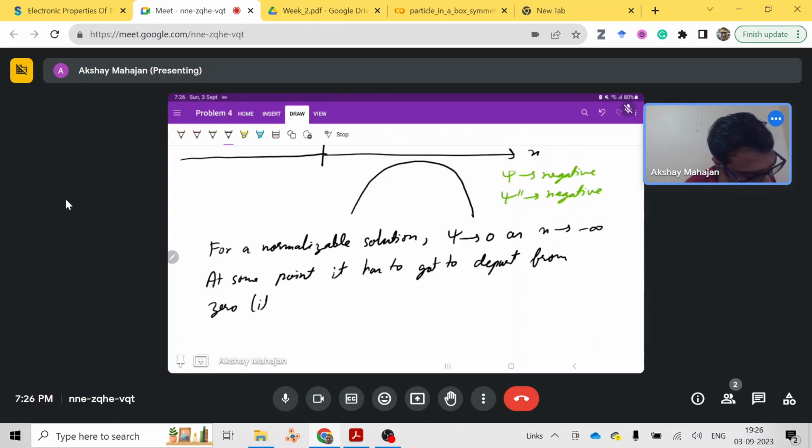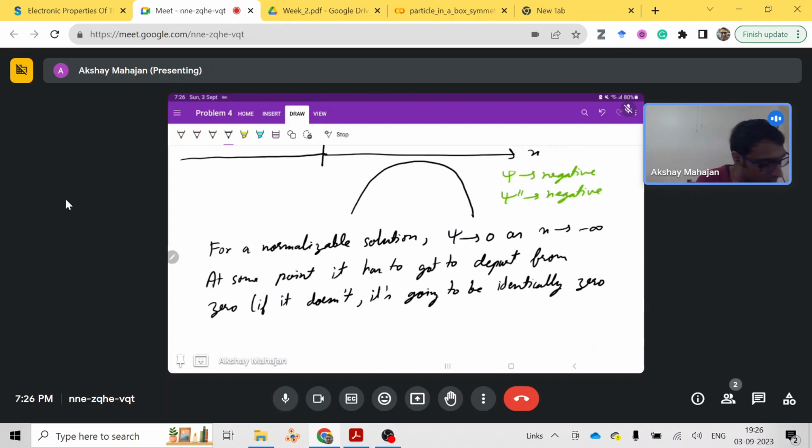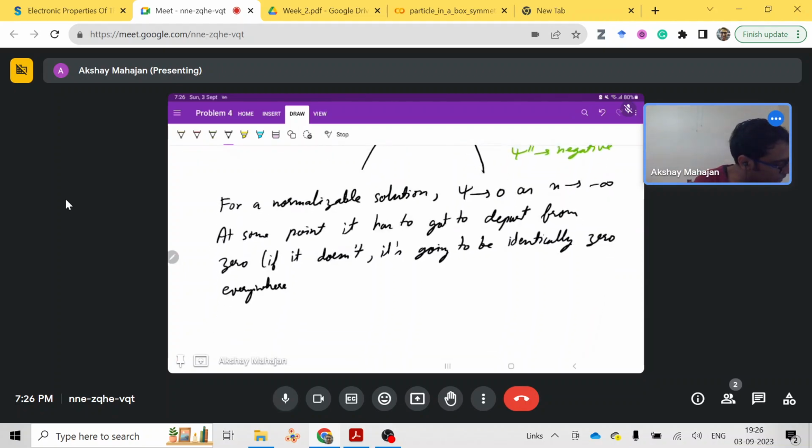If it doesn't, it is going to be identically 0 everywhere, say in the positive direction.